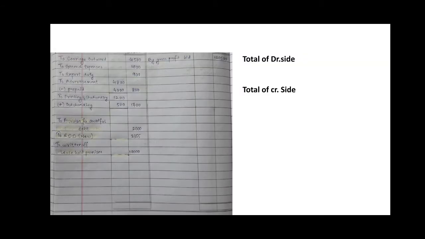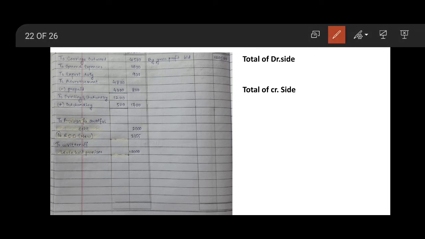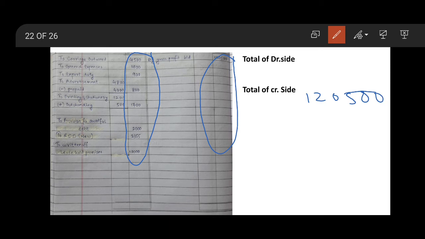Next is profit and loss account. After bringing gross profit to the credit side of profit and loss account, we'll take the total of credit side and debit side of profit and loss account. Of course, the credit side's total is only 1,20,500 and the total of debit side is 24,055 rupees.